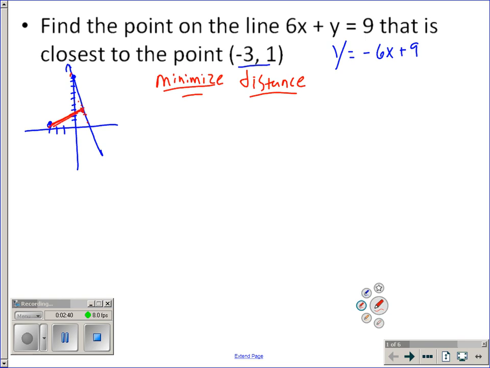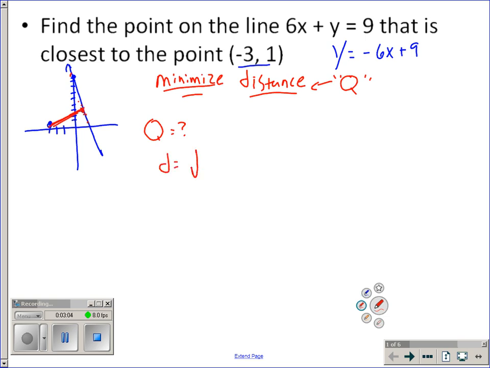Well, how do I minimize distance? This is what I'm trying to figure out. That's going to be my Q equation. So once you draw your picture and figure out what you're trying to do, the question is what is Q going to be? In this case, what I'm minimizing is distance. Do I have a formula for distance? Absolutely. We have the distance formula.